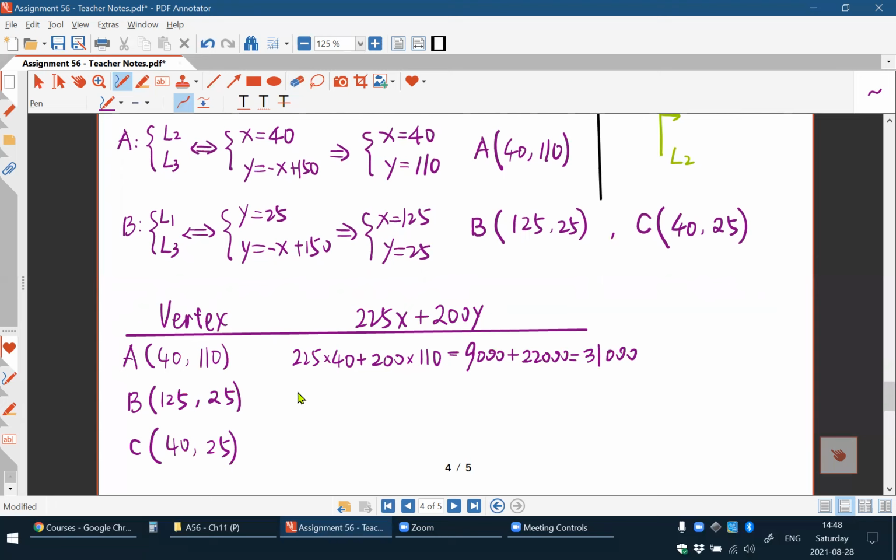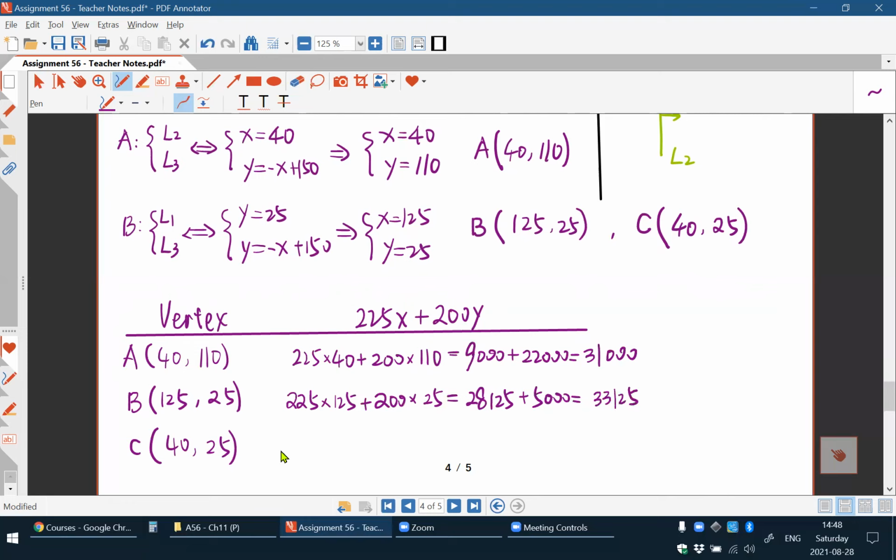Okay, at vertex B, the target function is 225 times 125 plus 200 times 25, which is 28125 plus 5,000, which is 33125.